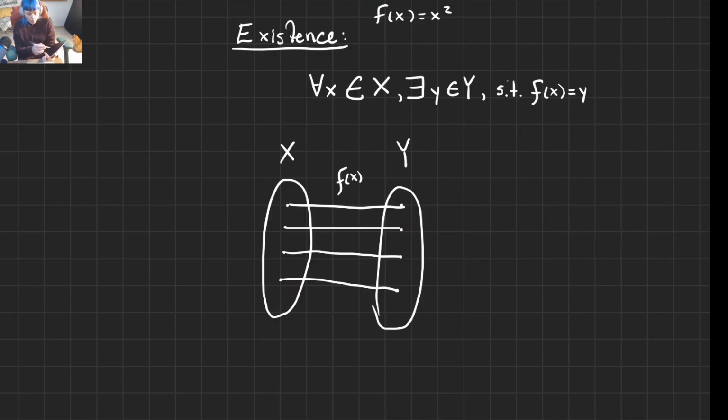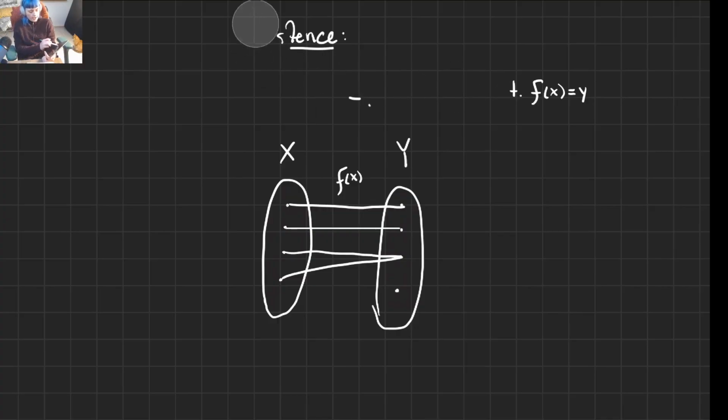Another connection that would be allowed in this case is you could also have a value going here. And that's allowed because existence states that every value in the domain has a value in the range. So it doesn't say anything about the range. So this is a function that we could say exists.